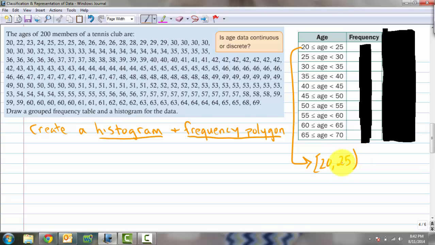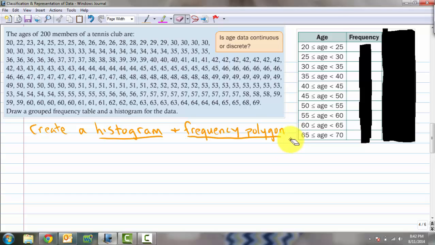Closed interval at 20, open interval at 25. So that's another way to give it. But notice the bar stops right before it hits 25. That class stops there. It would be way too many bars if we did one for 20, one for 21, one for 22, 23, all the way up to 69. So we organize it into groups.